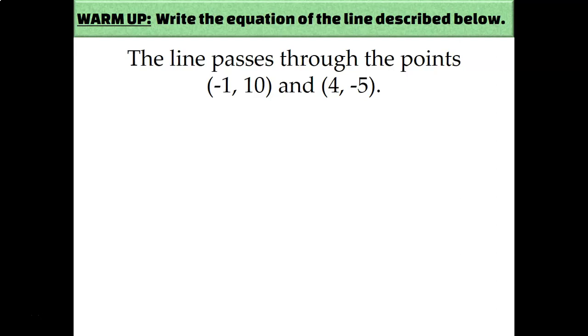In order to calculate slope, we use slope formula, which is y2 minus y1 over x2 minus x1. And the y2's and the x1's and all of that, that's referring to each of the points that you've been given. So I'm going to label my first point as x1 and y1, and my second point as x2 and y2. How did I come up with those labels?